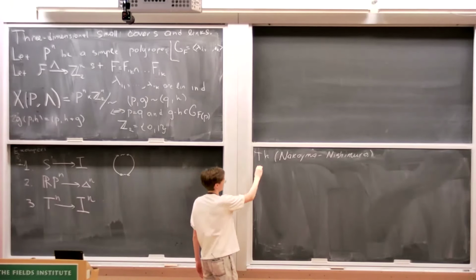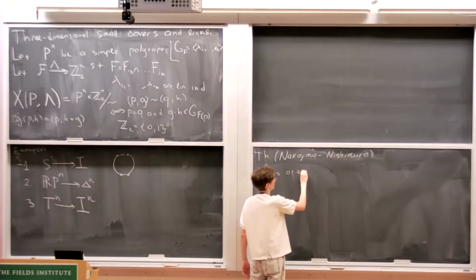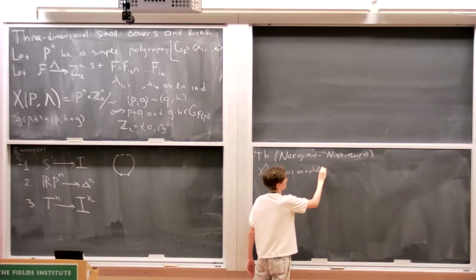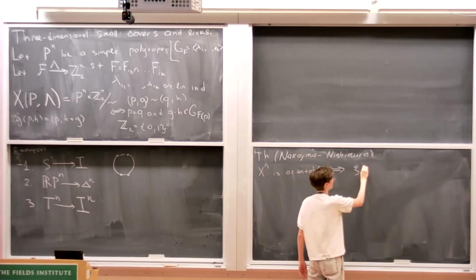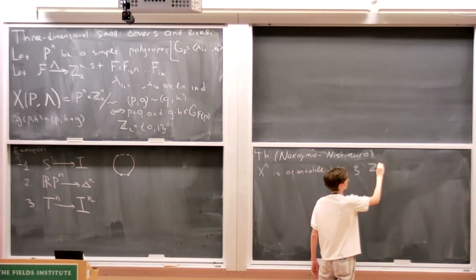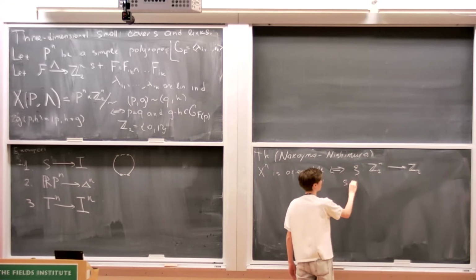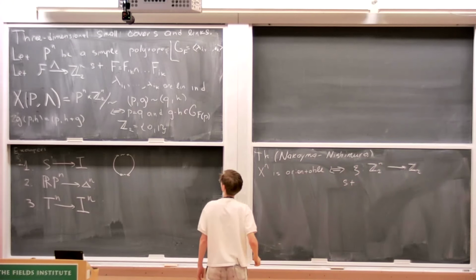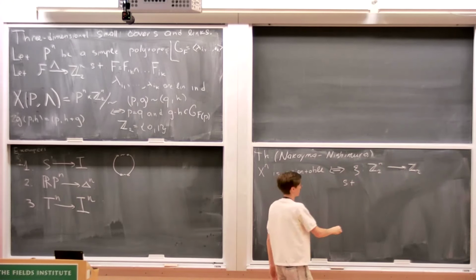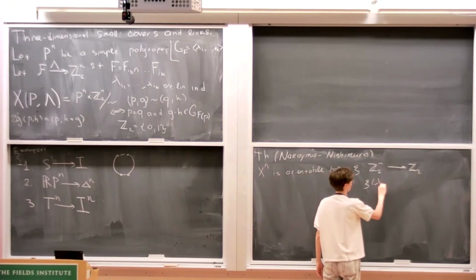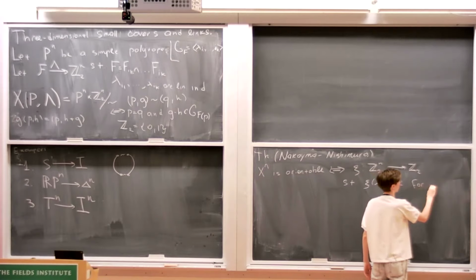A small cover X is orientable if and only if there exists a linear map C from this group to Z2 such that for all characteristic vectors, that is, for all images of lambda, C on these vectors equals 1.